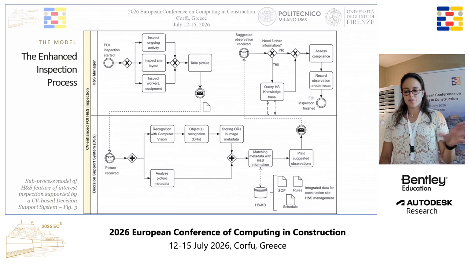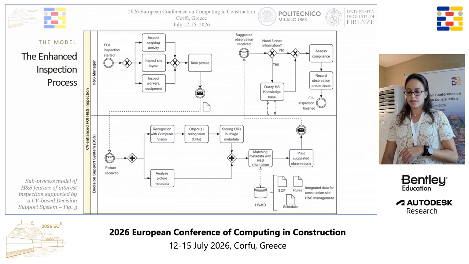This is the final BPMN diagram where the decision support system is integrated in the workflow. Compared with the previous one, new activities appear after taking the picture. The image is analyzed using computer vision, and the recognized objects are linked to the knowledge base. The system retrieves the relevant safety requirements and generates observation suggestions, and after reviewing these suggestions, the manager performs the compliance assessment and records the final observation in the final report.